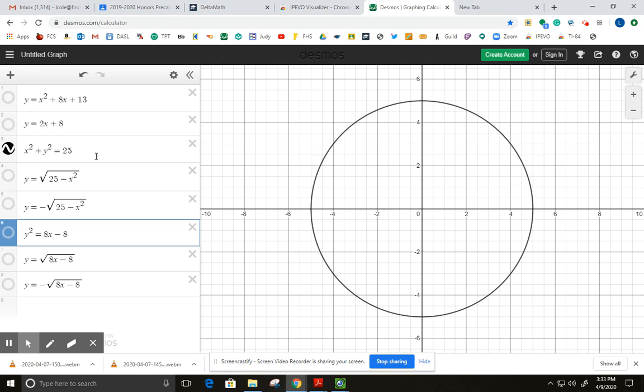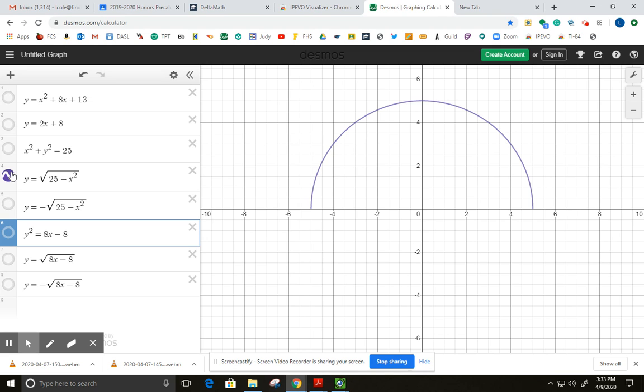So you've got to graph those, enter those separately, because the graphing calculator only graphs functions, and a circle is not a function. So I'm going to take the circle off. If we enter positive square root of 25 minus x squared, do you see how that gives us the top semicircle, the top part of the circle?